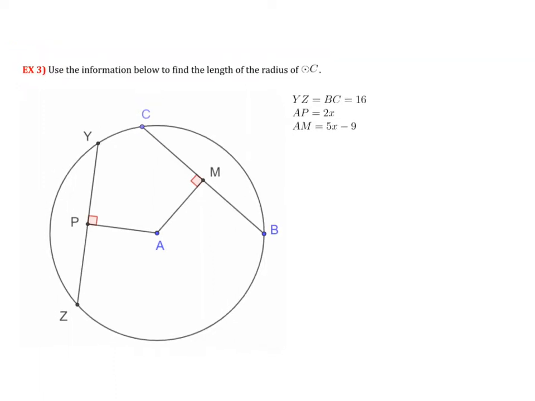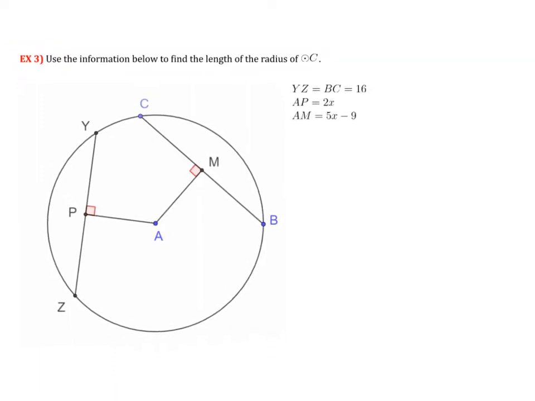Okay, so in example 3, we're going to go ahead and use the provided information below to find the length of the radius of circle C. Okay, so there's kind of a lot, so we probably should mark this down in our circle and do some labeling. First off, they tell us that YZ is equal to BC is equal to 16.